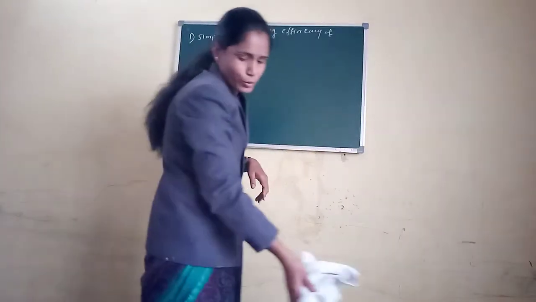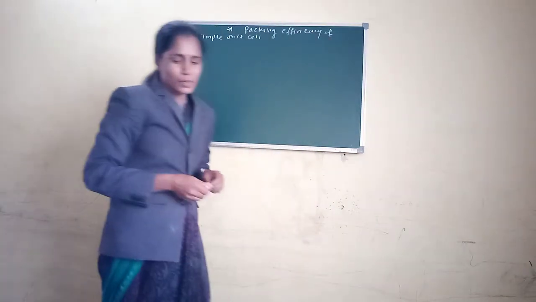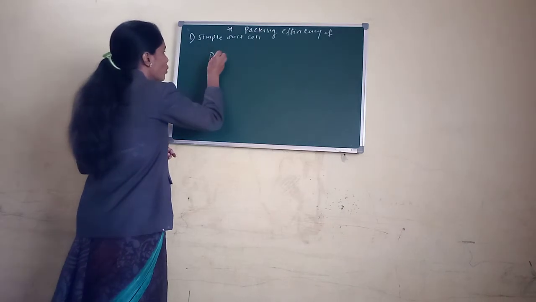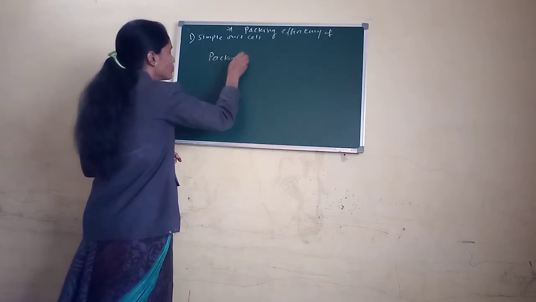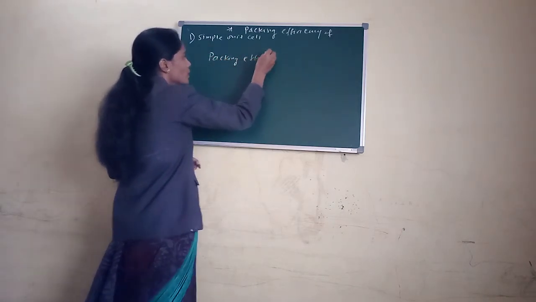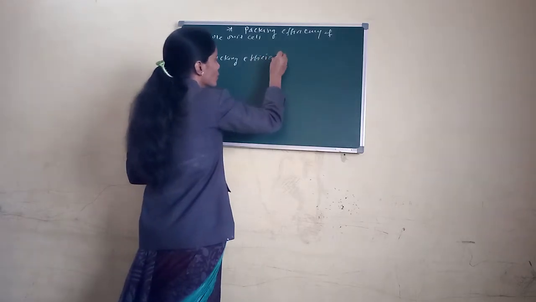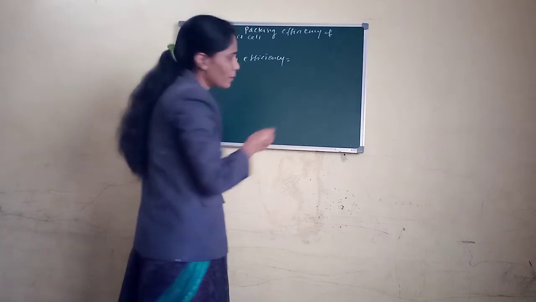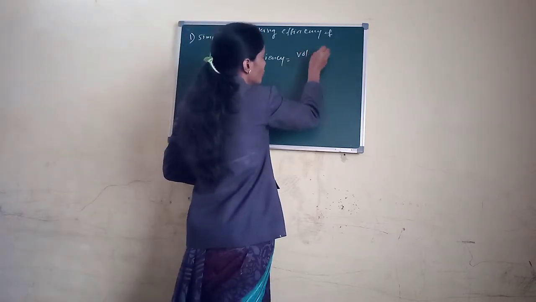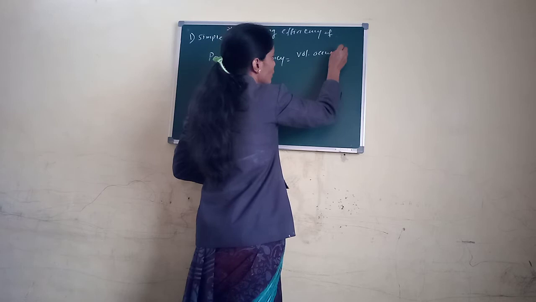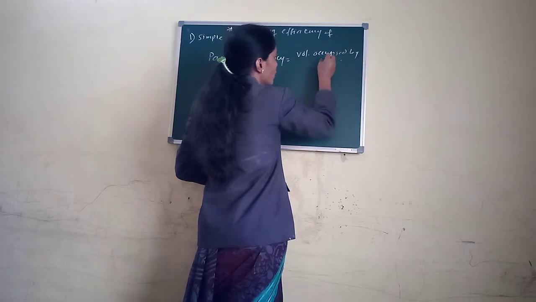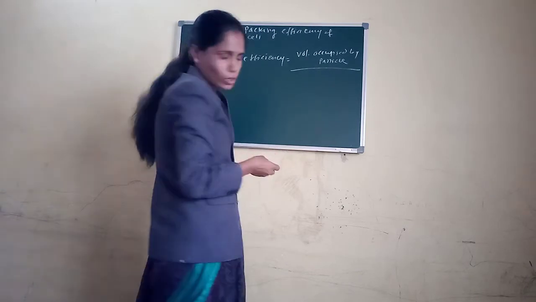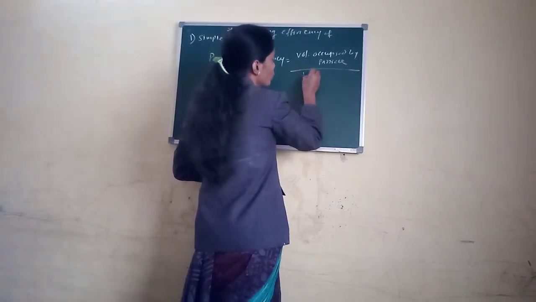The packing efficiency is found out by the formula: packing efficiency is equal to the volume occupied by particles upon the total volume of the unit cell.